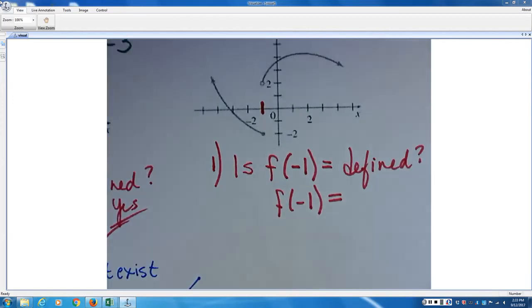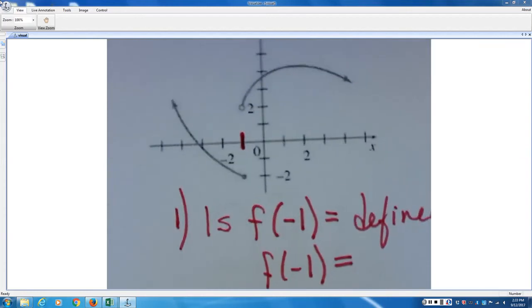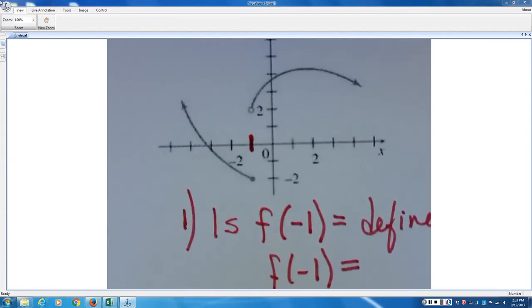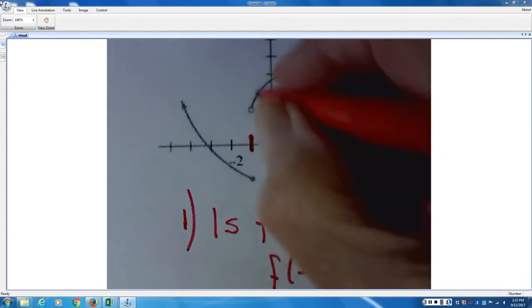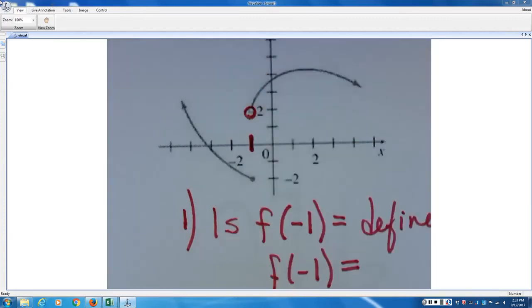So let's scoot it up and make it a little bit bigger so you can see. Is it defined? No. Why not? It's -2 and 2, that's not why. It is not defined at 2, because that's an open circle.